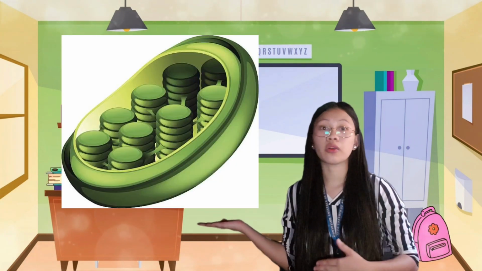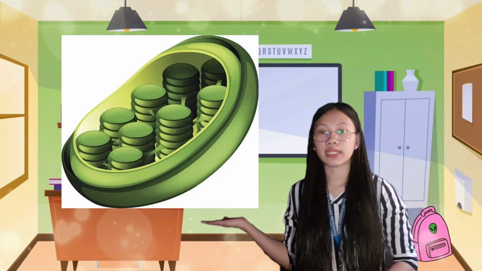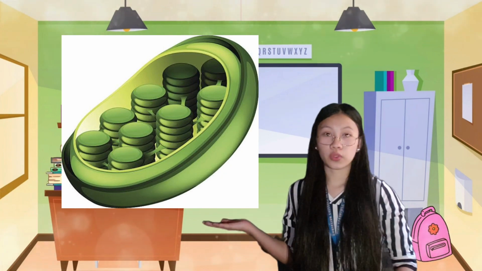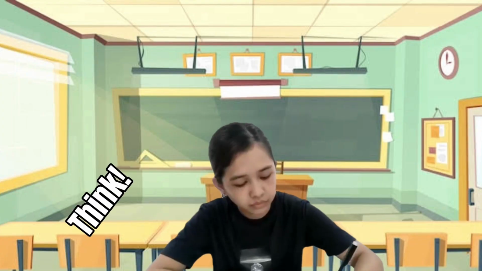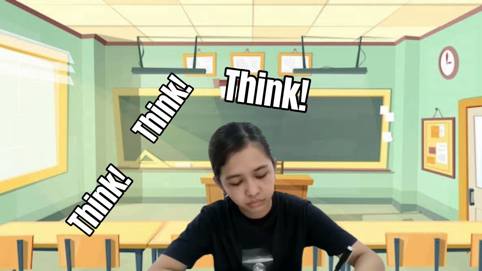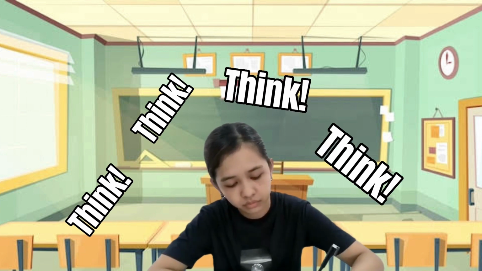Now let's move on to the diagramming questions. I'm going to give you a diagram of a chloroplast and you need to label the parts involved in photosynthesis. Okay, let's review and check your answers together.